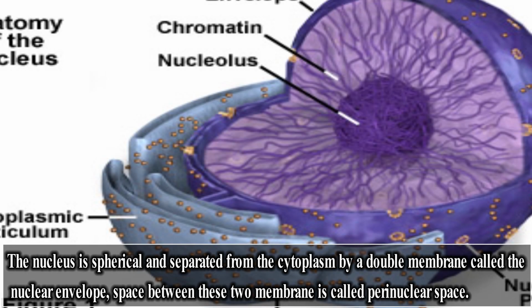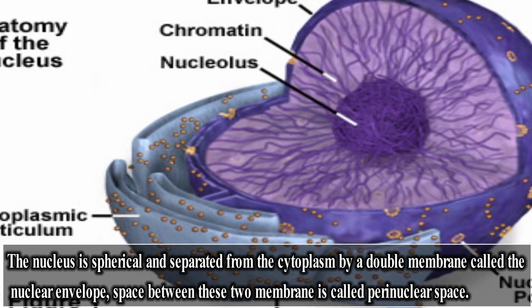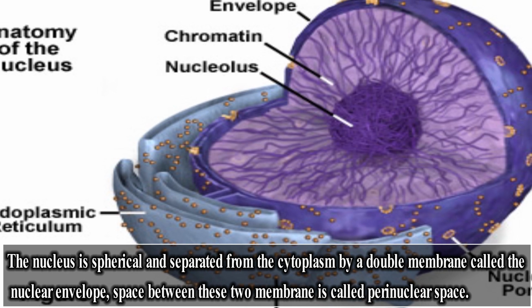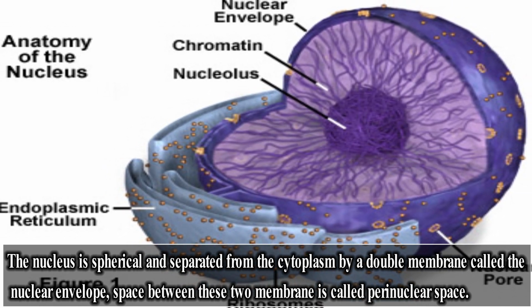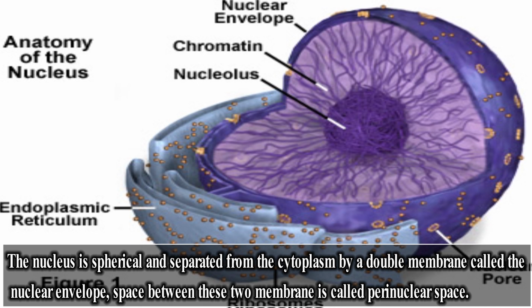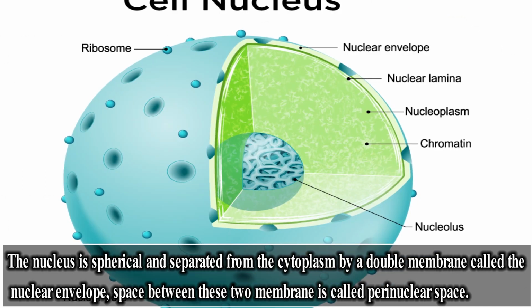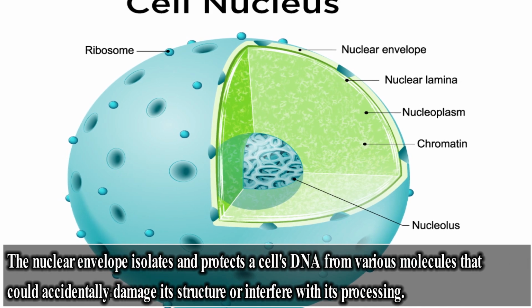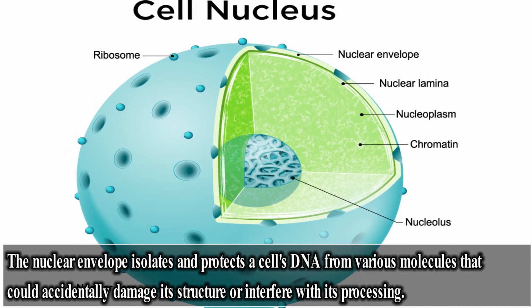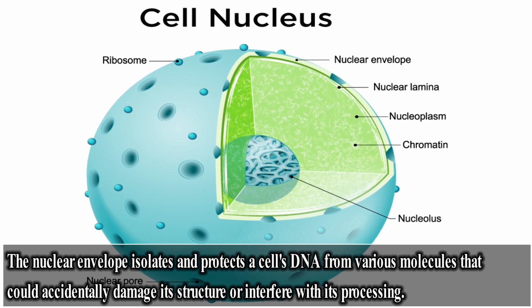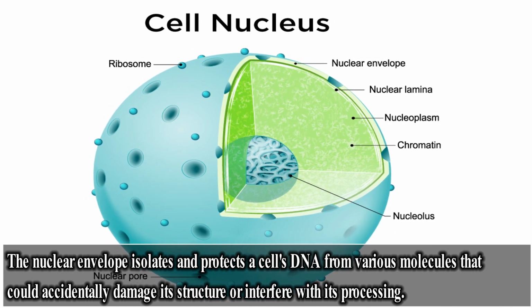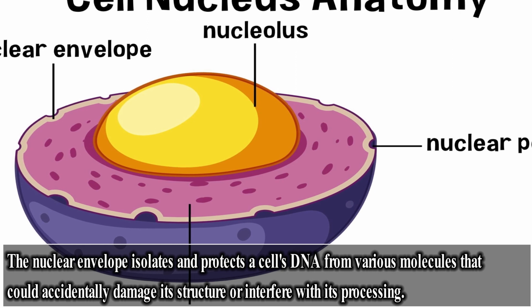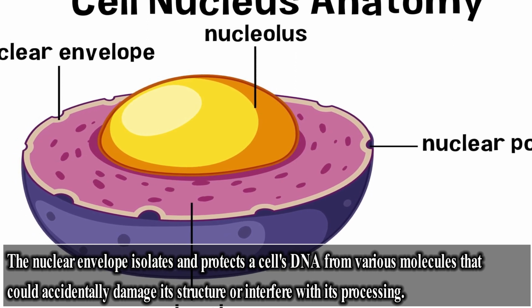The nucleus is spherical and separated from the cytoplasm by a double membrane called the nuclear envelope. The space between the two membranes is called the perinuclear space. The nuclear envelope isolates and protects a cell's DNA from various molecules that could accidentally damage its structure or interfere with its processing.